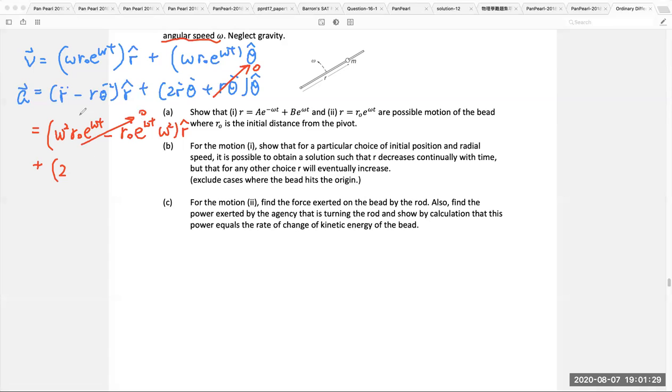And then r dot phi dot, so complicated. Oh, so easy. So that one is the acceleration.